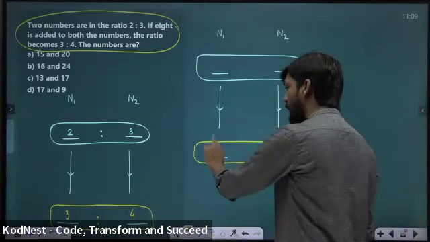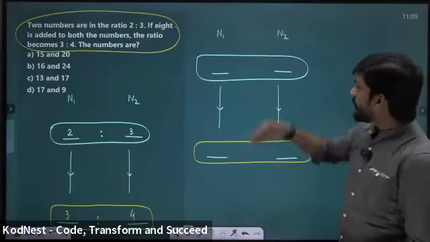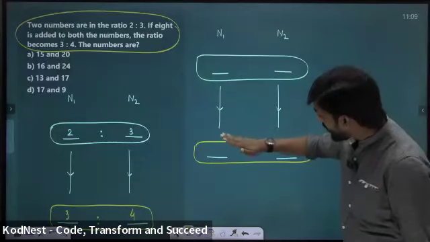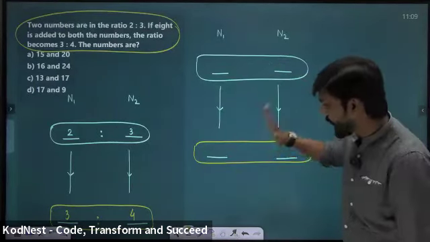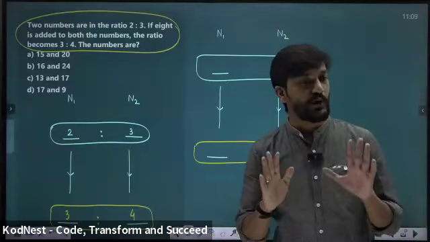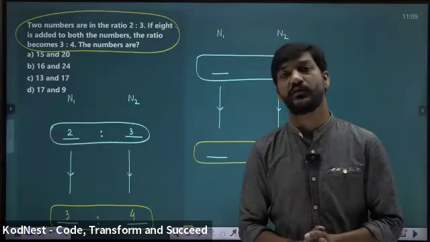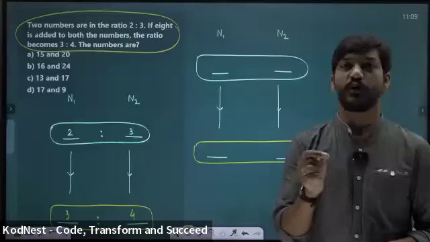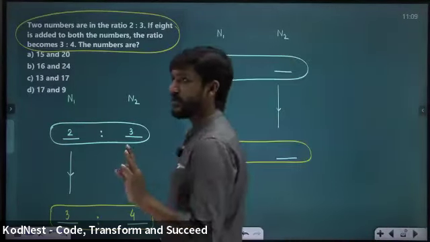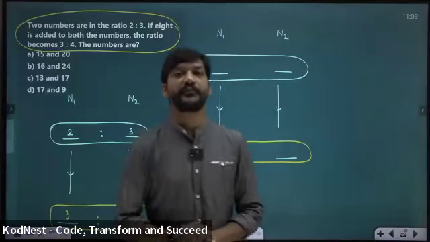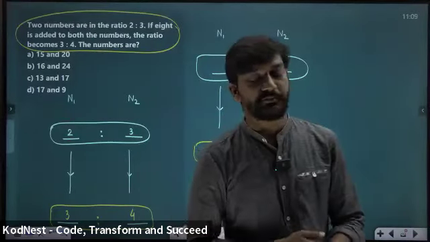So you are getting new values. When you do plus 8, you will get new values. Okay. So old values, new values. So you have to understand first from the situation that what is constant. Okay. What is constant? You have to understand it. So carefully answer.